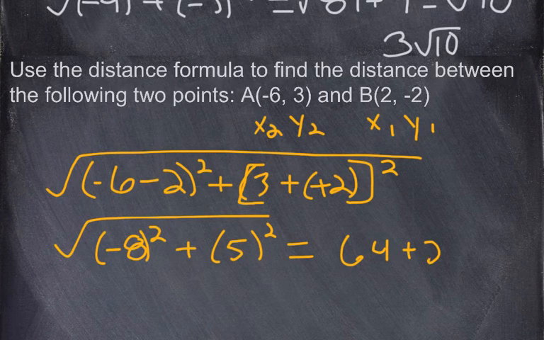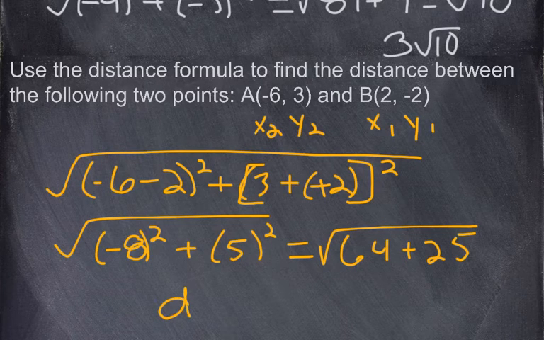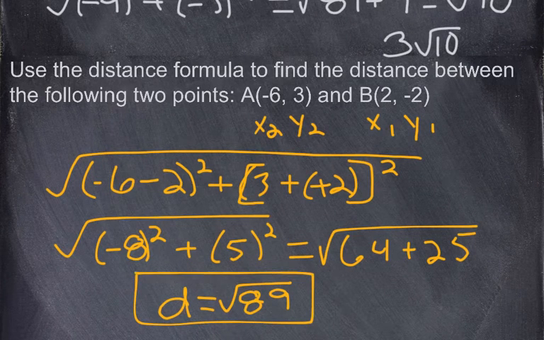When you square 5, you get 25. And again, don't forget that root is above it. So the distance between those 2 points, 64 plus 25, would be 89, and it's the square root of 89. So that would be the distance between those 2 points.